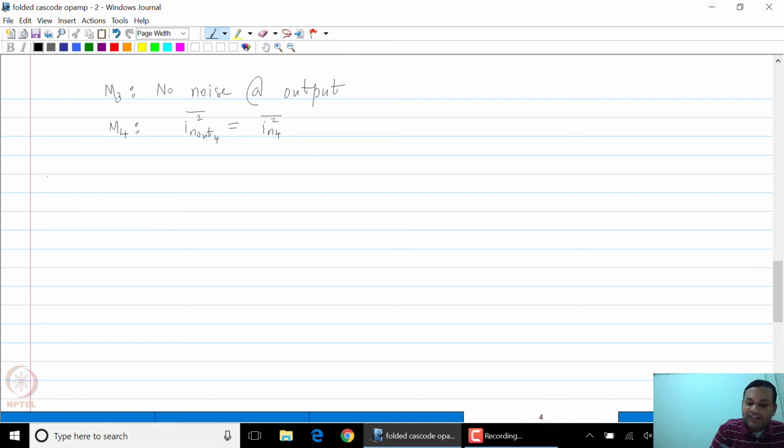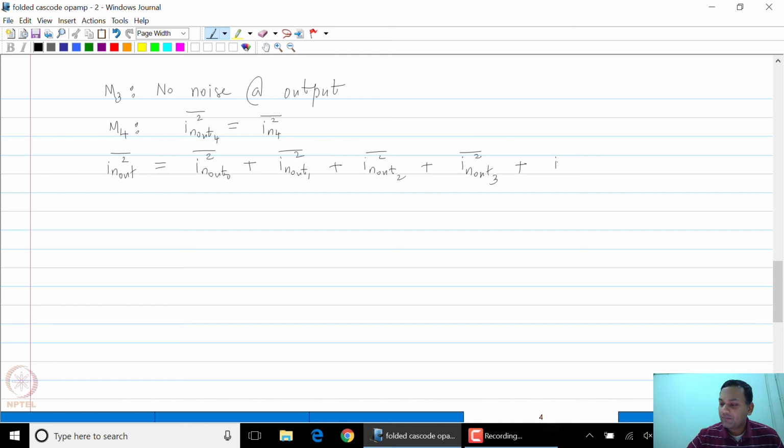So therefore, the total output short circuit noise, which I'll call by IN out squared, is going to be IN out 0 squared plus IN out 1 squared plus IN out 2 squared. Remember, I have 5 noise sources. I need to calculate the effective short circuit current and add the root mean squared value for all 5 of them.